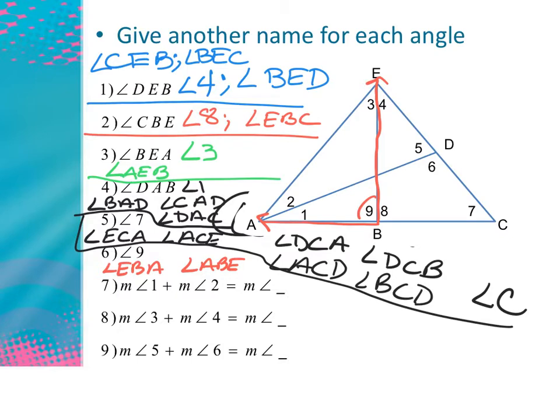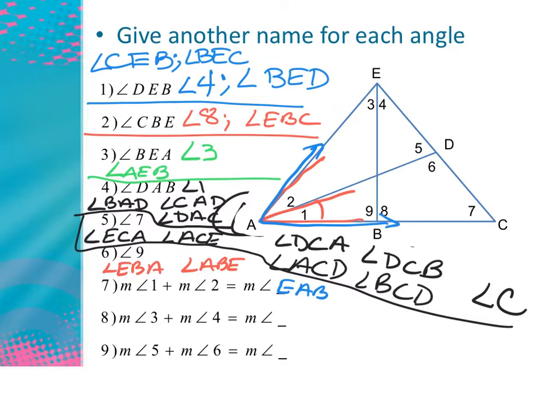Now we're going to use that angle addition postulate and figure out what angle we're going to create when I add 1 plus 2 together. So when I add angle 1 plus angle 2, I'm going to create this larger angle, and this would be the measure of angle, I could call this EAB.